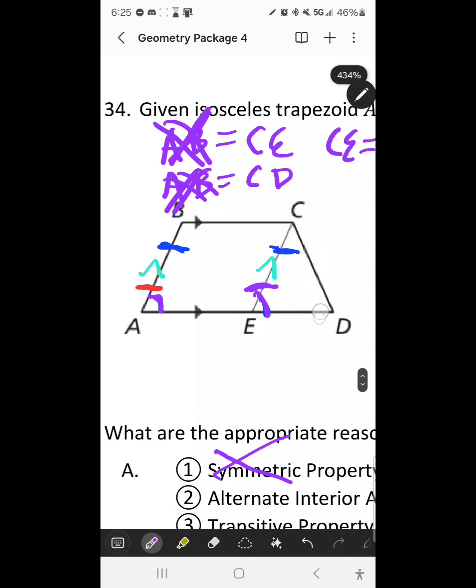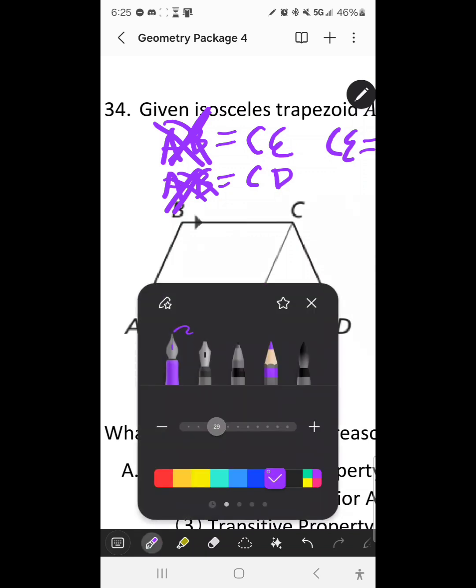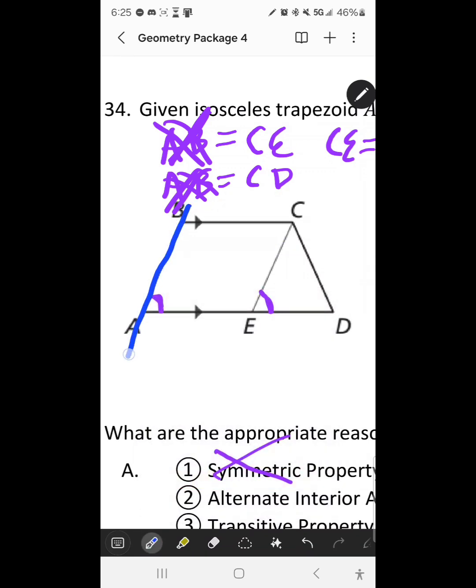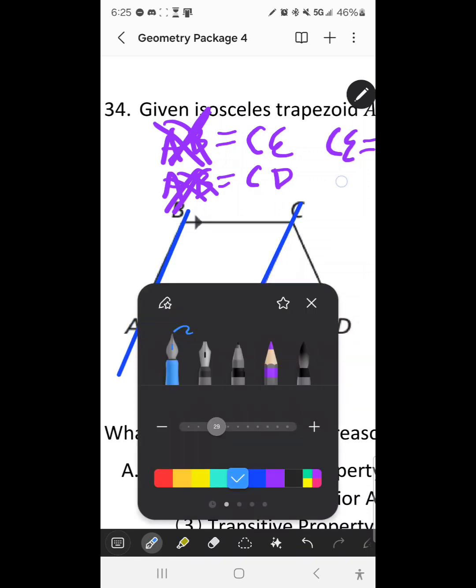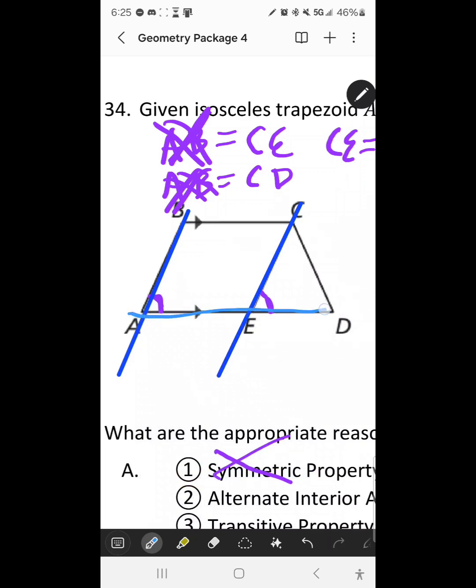So first I'm going to delete all the other stuff for now. We're trying to compare these two. Now, we know this side is parallel to this side. I can say this is going to be my second line.